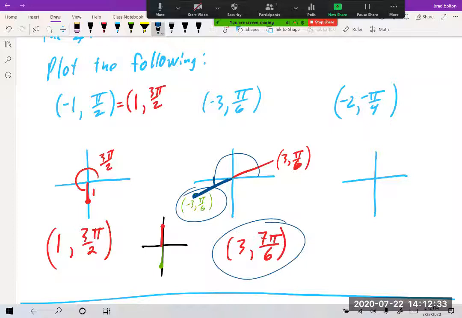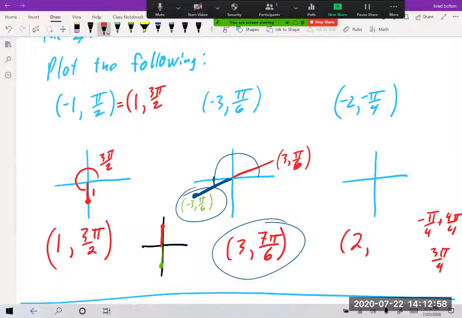Now you guys try this last one. Try to convert that negative radius and turn it into a positive radius. All right, so hopefully you did this. 2 comma, now negative pi fourths would normally be in quadrant 4, but then if you add a pi to it, let me see, negative pi fourths plus 4 pi fourths, which would be a pi, would be 3 pi over 4.